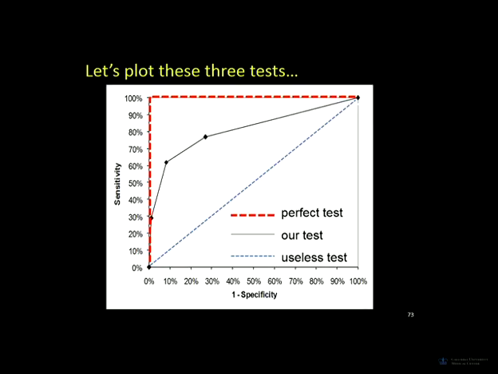You might as well just go into a back room and flip a coin whether you're going to treat with antibiotics, because this test is no better than flipping a coin. But most tests are somewhere in between those extremes, and you can find a threshold, depending on what you're interested in, where there's a good balance between identifying the people with the disease, using your sensitivity, and excluding the people without the disease, your specificity.